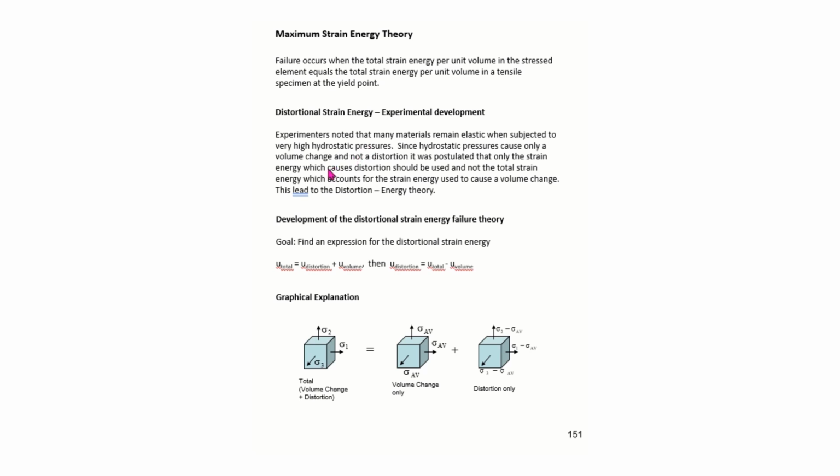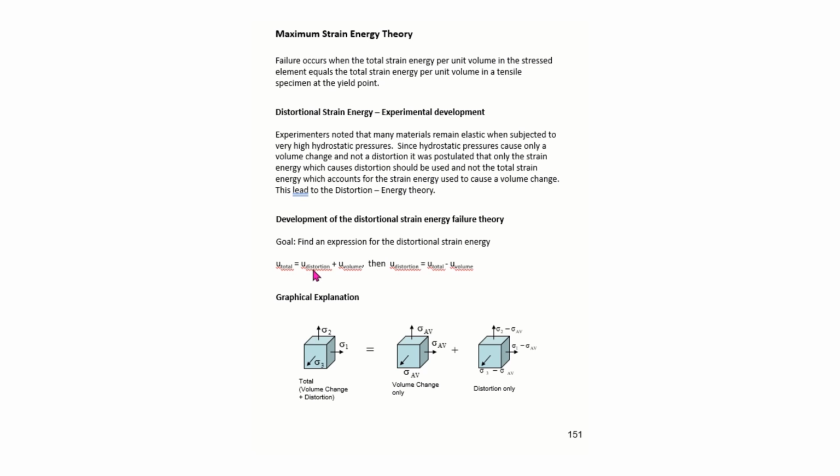But the distortion energy will cause the material to change its shape, which does cause failure. So the total strain energy is equal to the strain energy that causes distortion plus the strain energy due to a volume change. And what we want to do in our analysis is solve for U distortion, because this is the strain energy that is going to cause failure in our material.